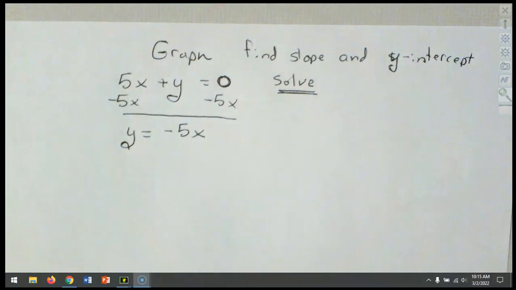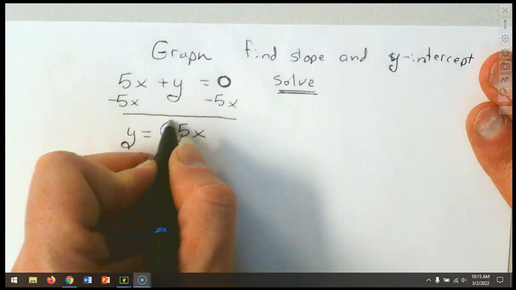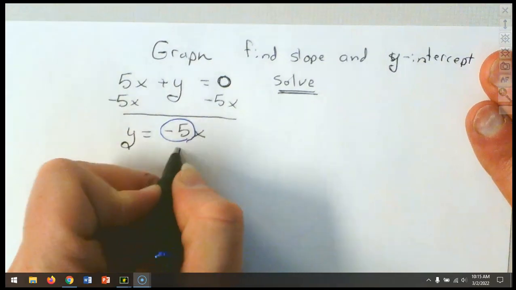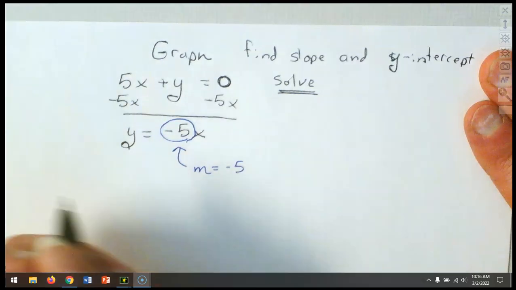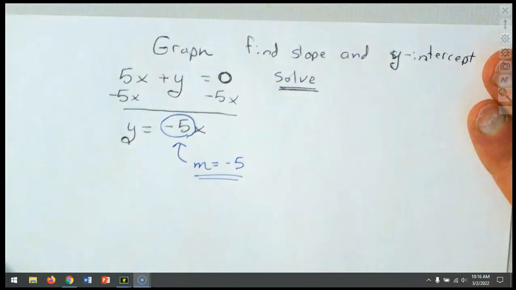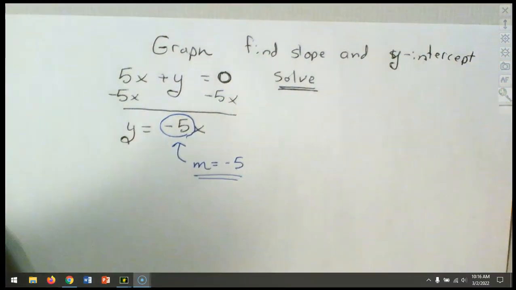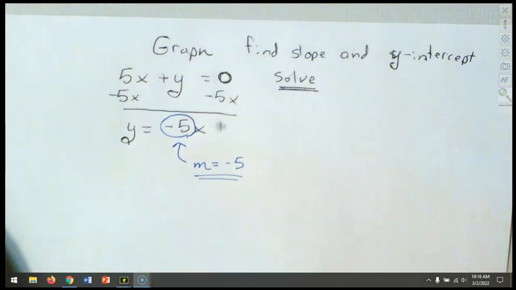So the number in front of the x, in this case, is a negative 5. And so that means my slope is a negative 5. And there's no number on the end. If there's no number on the end, then it's like having a 0 there. So this is like having a plus 0.